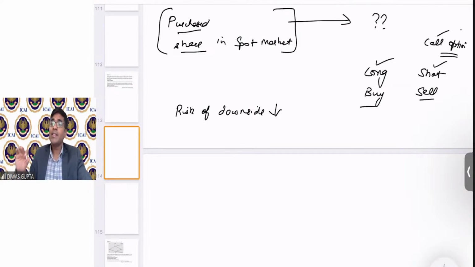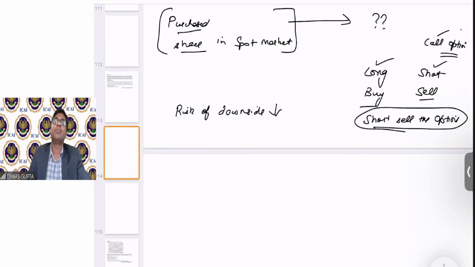Or I can say if the price goes up, you don't gain. Whichever way is okay. So that means you will have to short sell the options, because then you will earn premium on this, which will compensate your risk of downside.